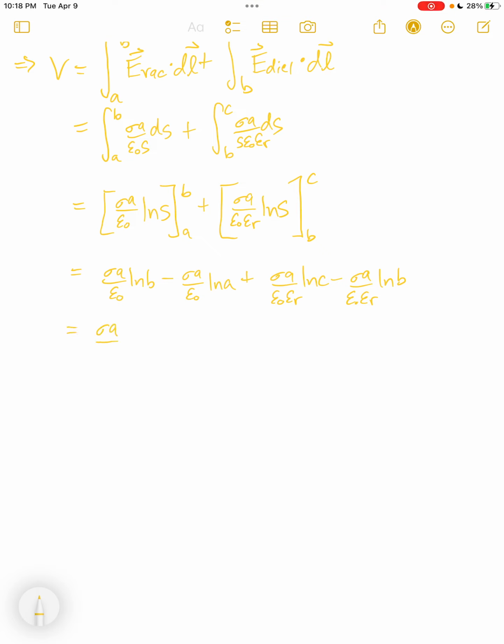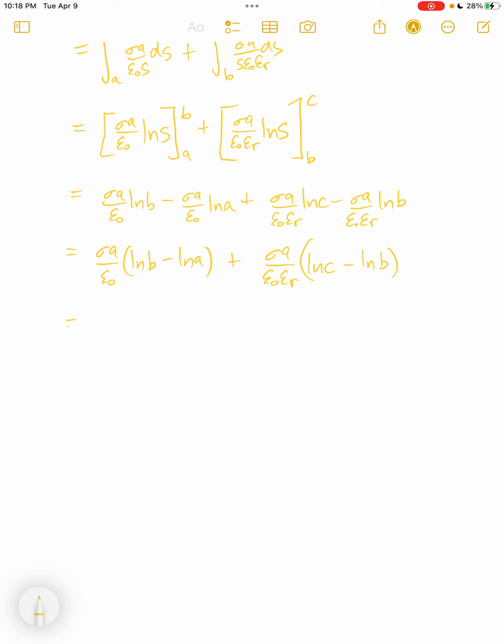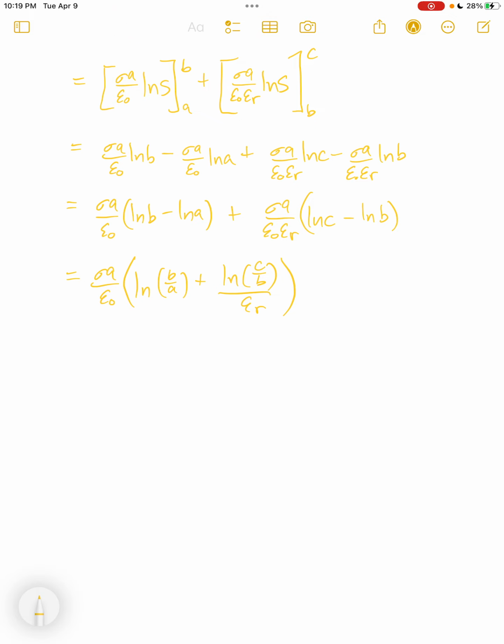This can be written as sigma A over epsilon 0 times ln B minus ln A, plus sigma A over epsilon 0 epsilon r times ln C minus ln B. Doing some factoring, this can be rewritten as sigma A over epsilon 0 times ln of B over A plus ln of C over B over epsilon sub r. This is our potential difference.